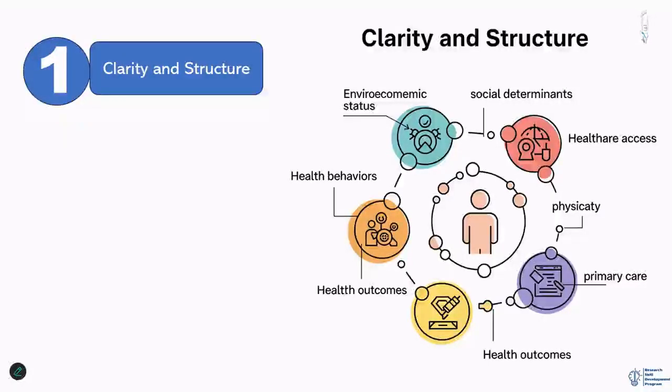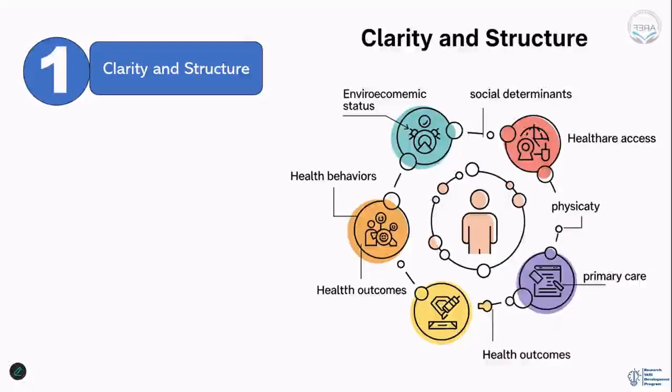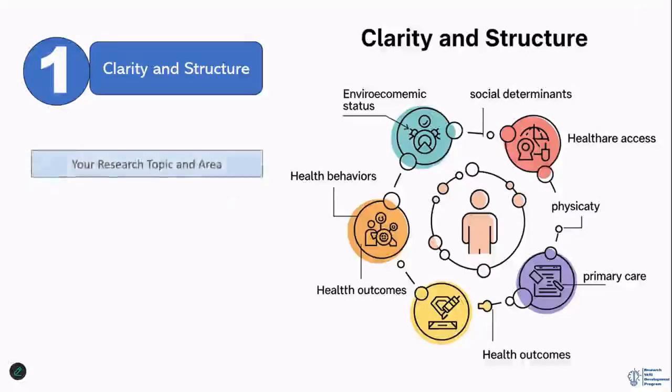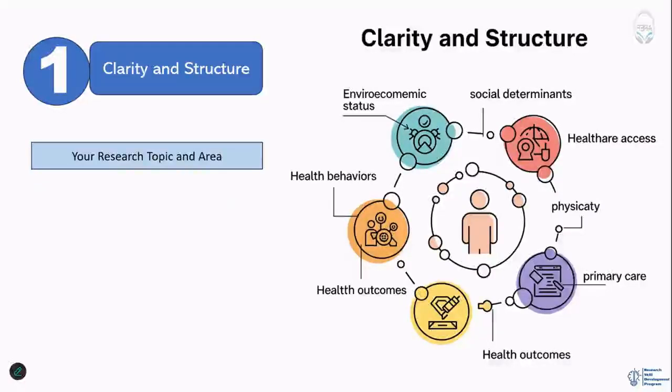Now, as far as clarity and structure are concerned, where do you need to develop your clarity? There are 4 areas. Number one is that you have to be very clear on your research topic and research area.